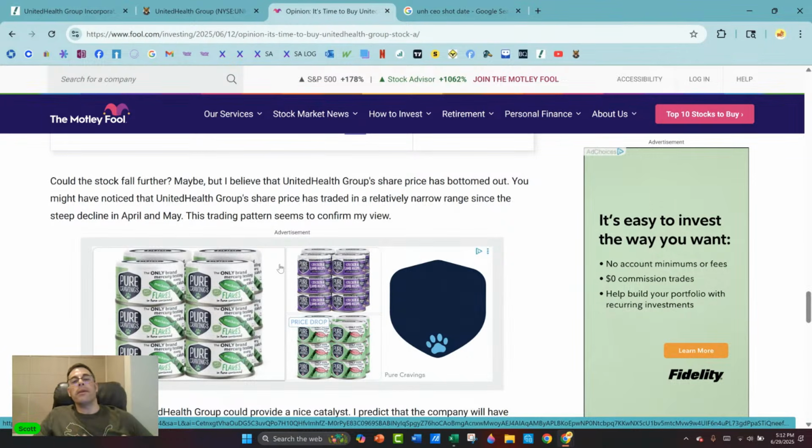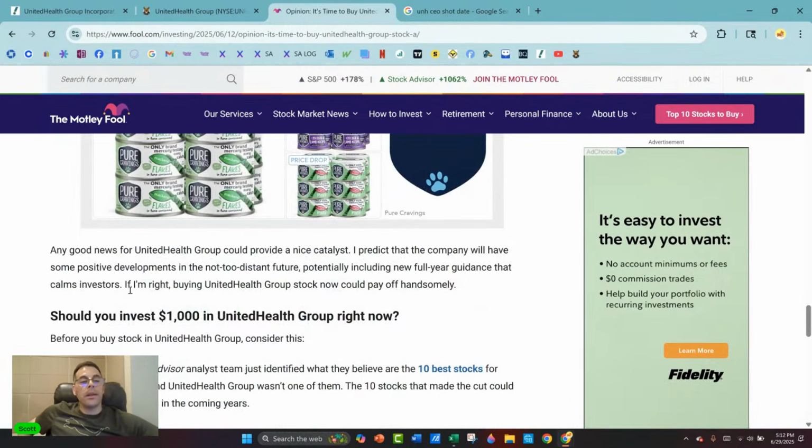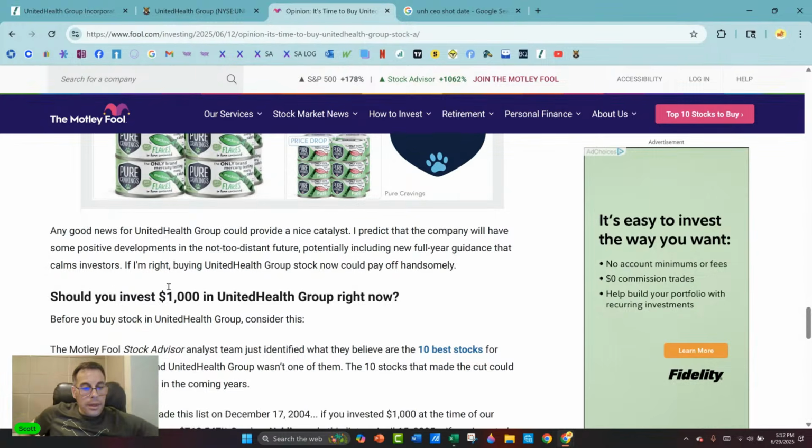If I was to do a 50-50 guess every single day, I would say the stock is definitely going to go up. Overall, it should go up. It could come down a little bit more, but I don't think there's that much. It can't come down unless there's a bad news story, like the company gets sued or whatever.